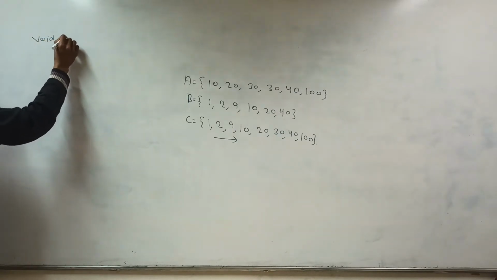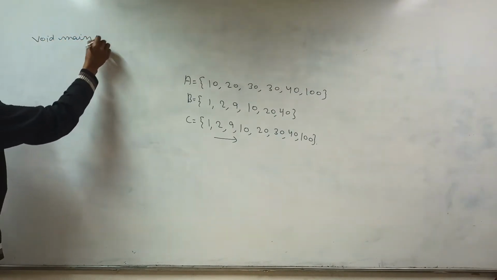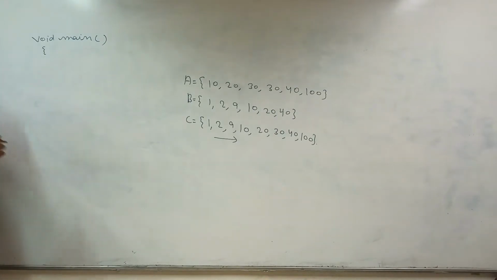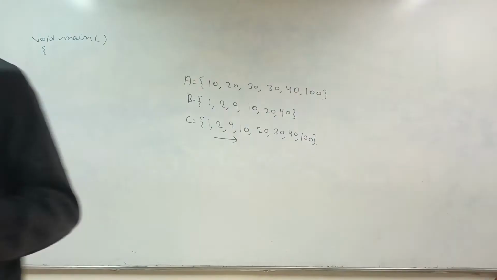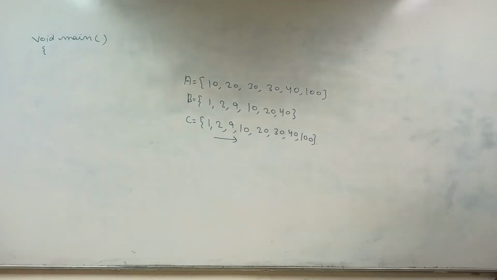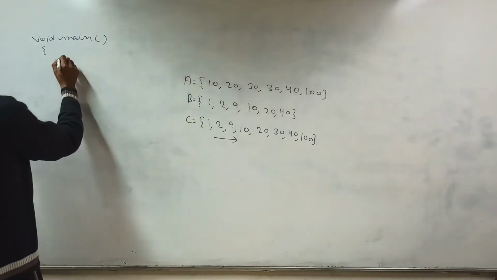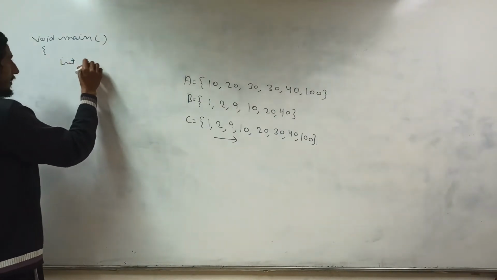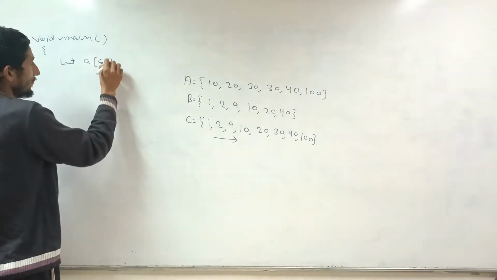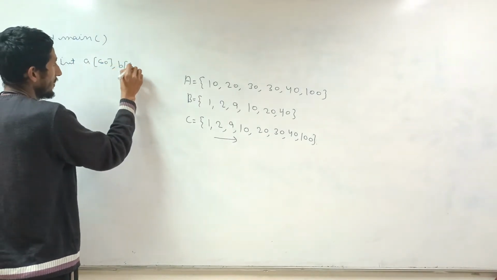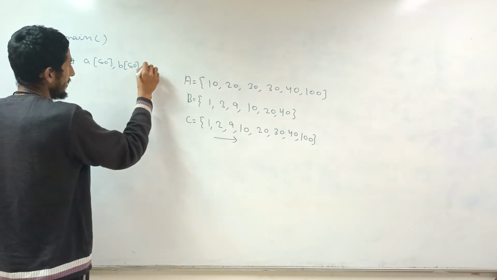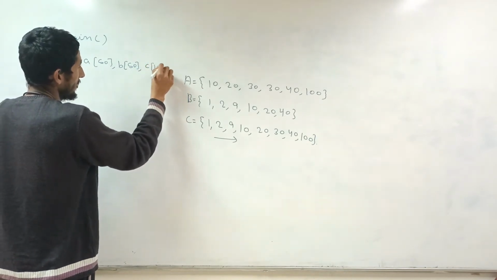Void main. Let me zoom the camera so that you can visualize it properly. I think it is properly visible, no issue. So in main, I will take an array int A of size 50, let's say, int B of size 50, and int C of size 100.